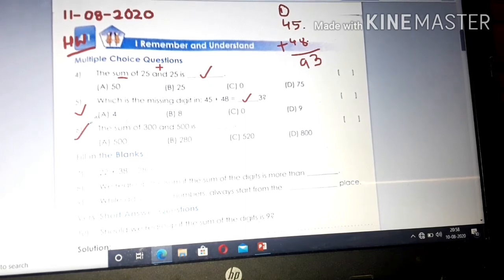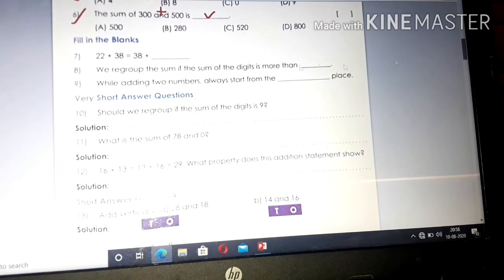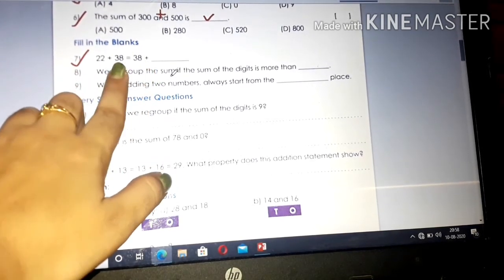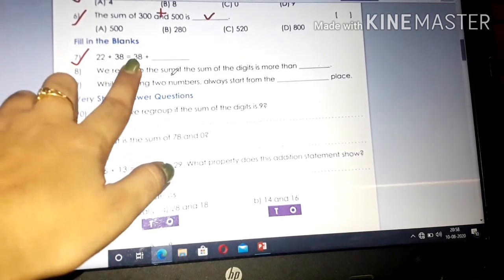Number 6. The sum of 300 and 500 is. Again, sum is used in addition. So you are going to add 300 with 500 and get the answer here. Then number 7, children. 22 plus 38 equal to 38 plus what?